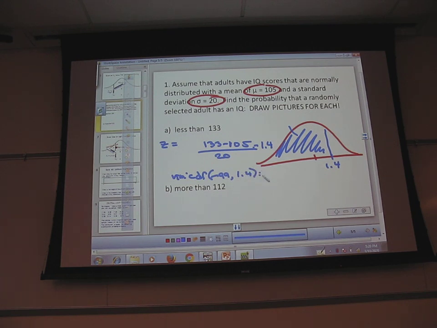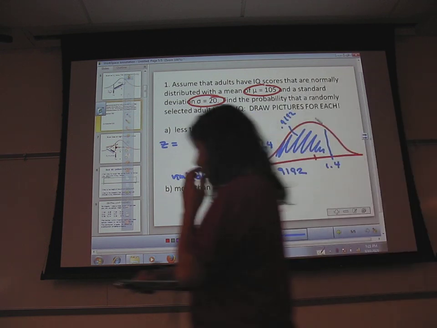I think you're going to put it in here. What's the z-score? It seems like you're going that way. The z-score is 25. So it's bigger than 0, right?